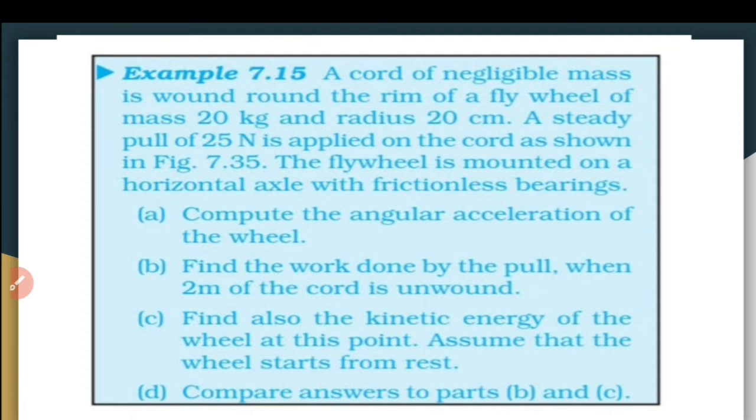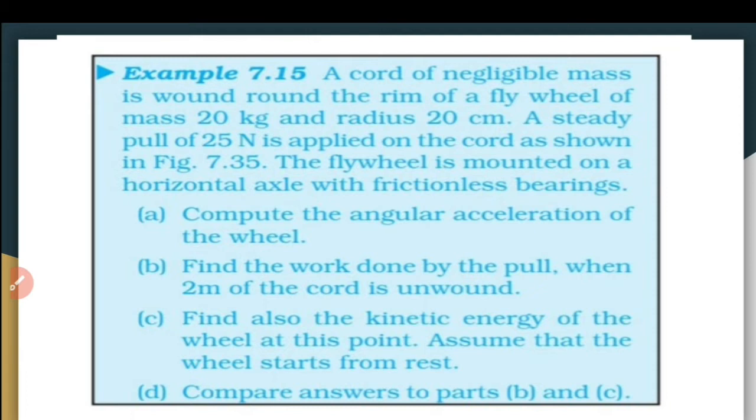We are asked to find angular acceleration. How can we find it? Angular acceleration is alpha. To find alpha, we can write torque first. We know the expression for torque from the definition: torque tau equals R cross F. Because the force is acting tangentially to the periphery of the flywheel, the tangent and radius are perpendicular to each other, so the angle between F and R is 90 degrees.